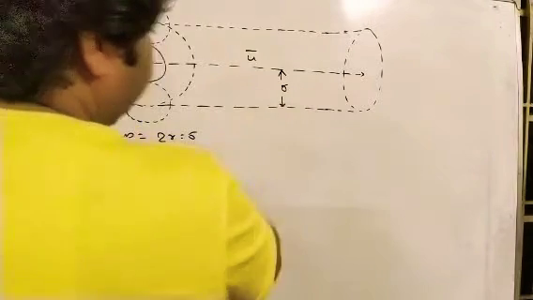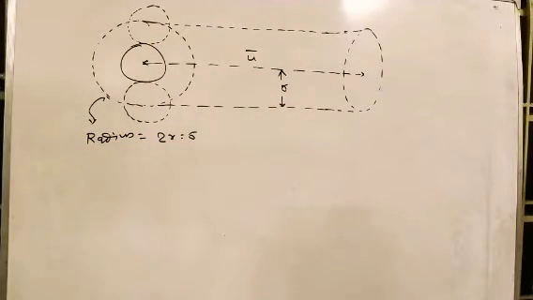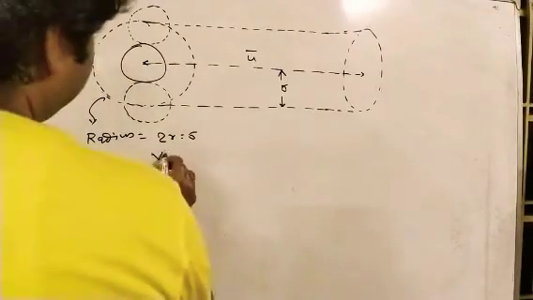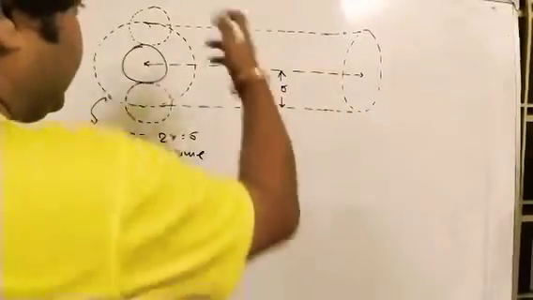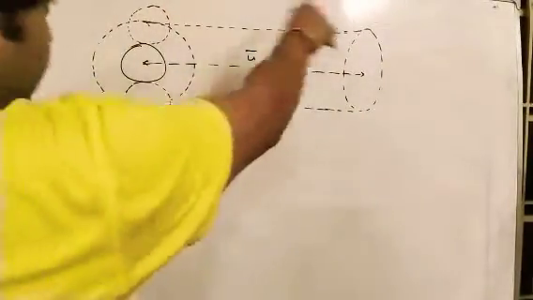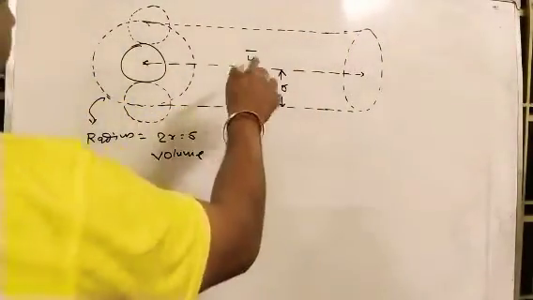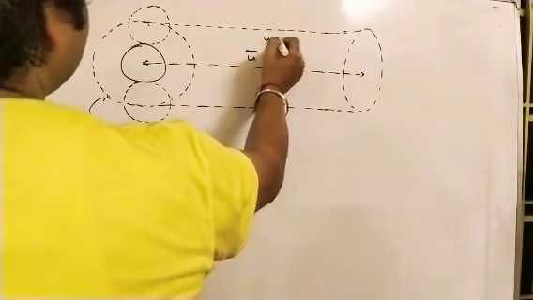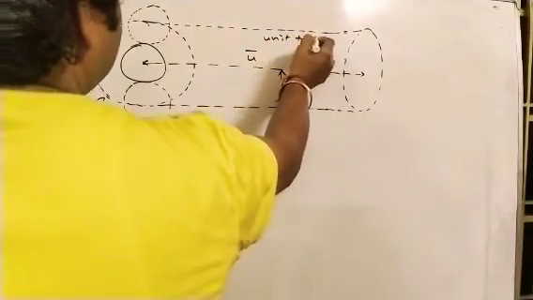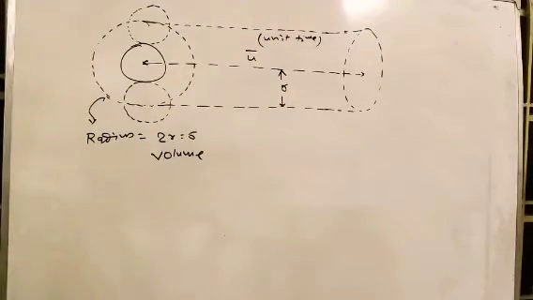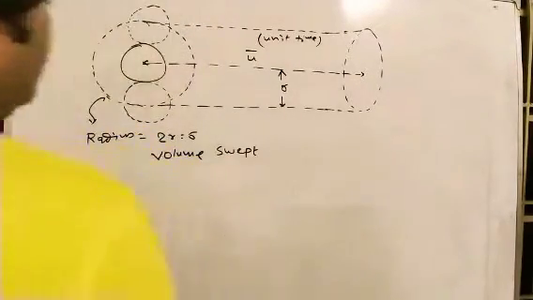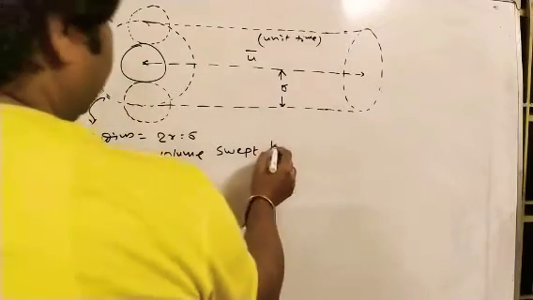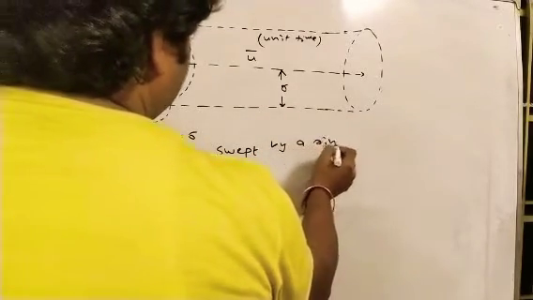Hope you understand. Now can you understand what volume this molecule is creating in this diagram? This has been created in unit time. So I can say the volume swept by a single molecule.